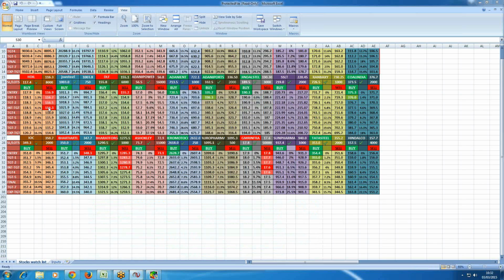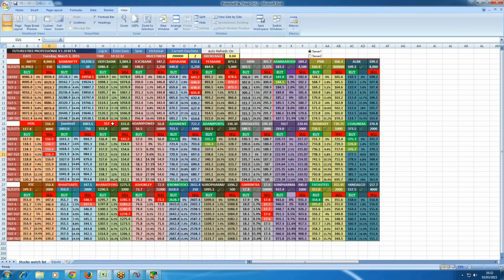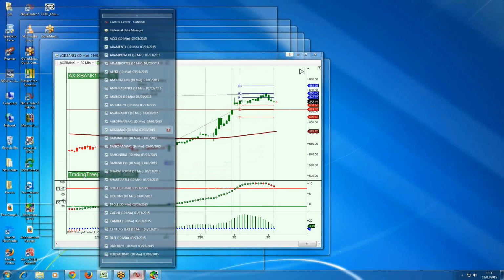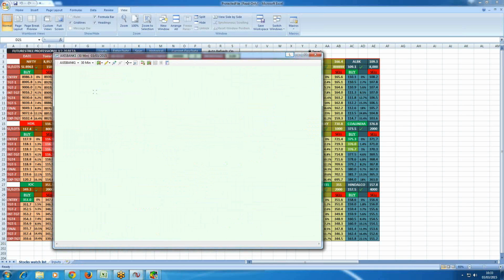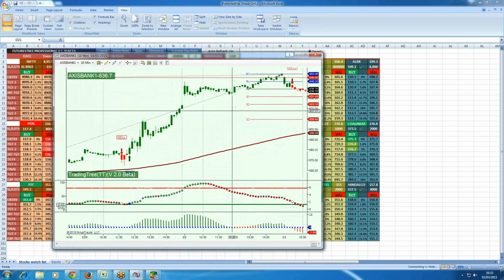Meanwhile, HDIL has done its intermediate target. So IOC, we have a buy call now.